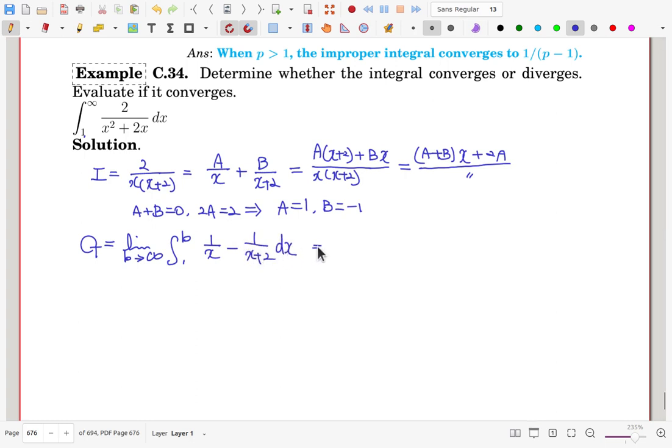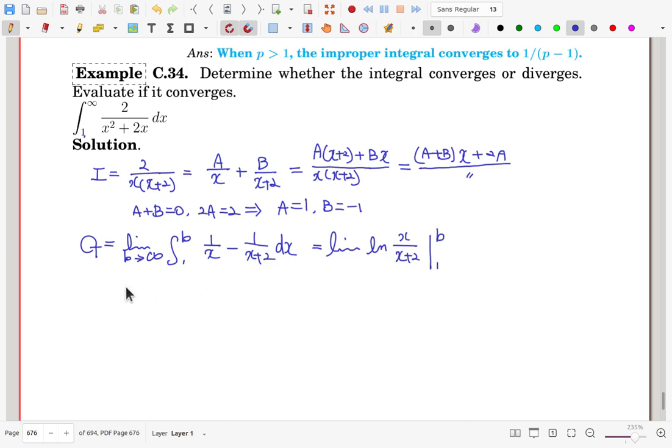For that, same limit, and the antiderivative is the logarithm of the absolute value of x, and for this one, the logarithm of x plus 2. Along with that negation, we can write logarithm of x over x plus 2, and then we evaluate from 1 to b.